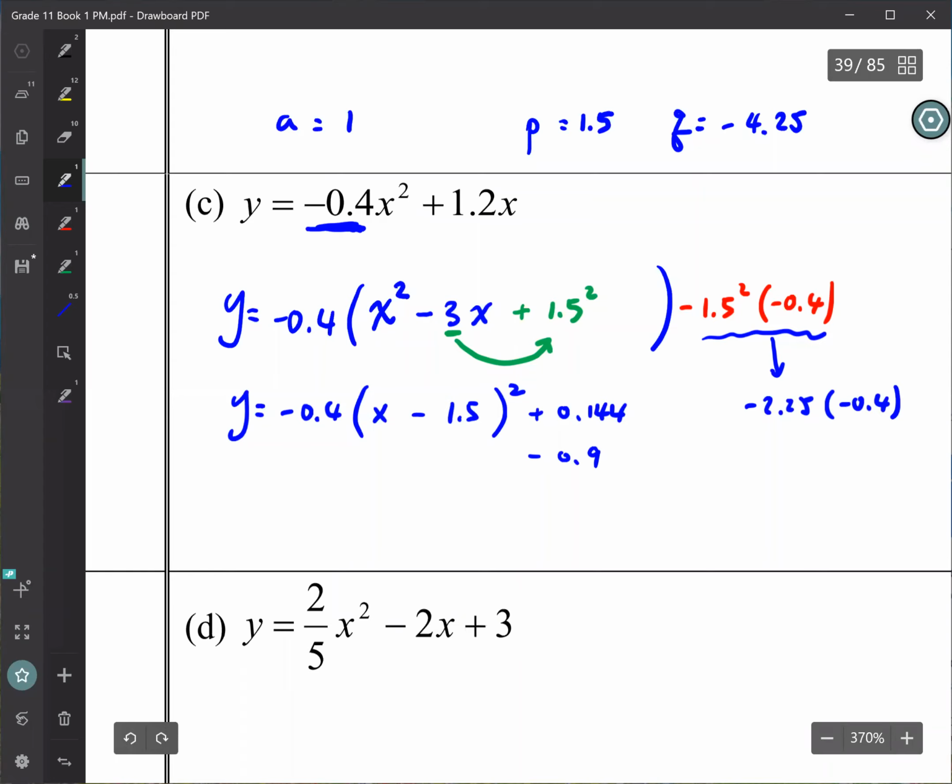So we know the answer should be positive, negative, negative, positive, and then 2.25 times 0.4. It should be 0.9, except it's positive. So actually it's a mix of your answers. Positive 0.9.